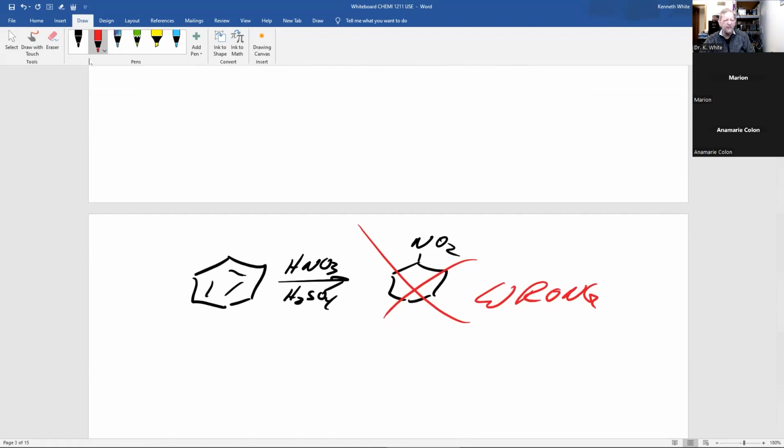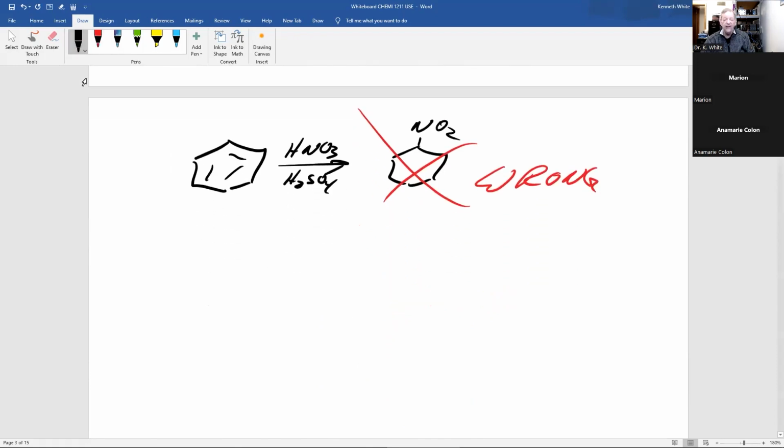The right answer is either this one, where you show the double bonds, 3 of them conjugated, or a circle. And now this is nitrobenzene, the right answer.